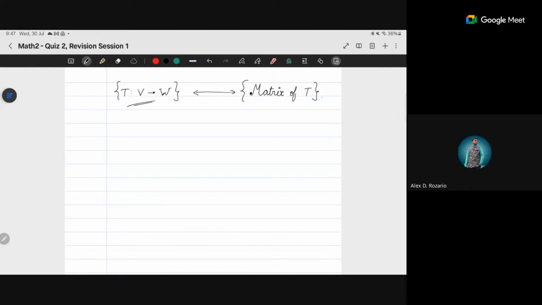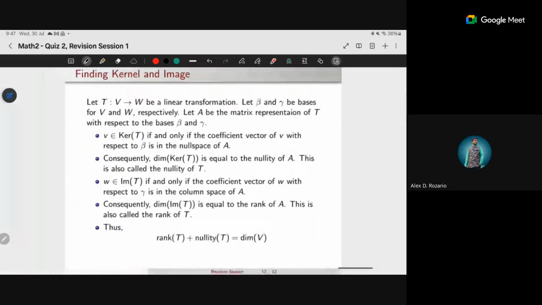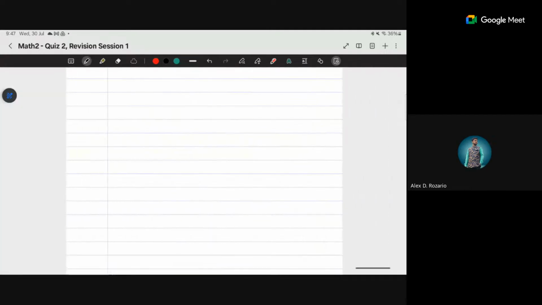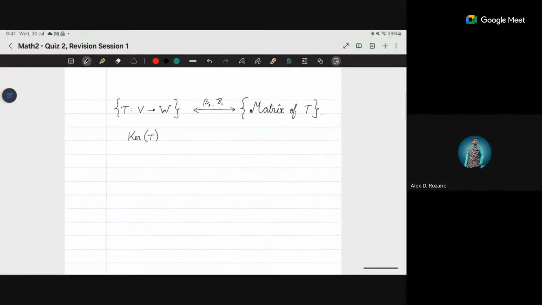Whatever transformation is there is encoded in the matrix of the transformation. And what is that encoding? It is actually given by the basis that you choose to get the matrix of the transformation. Now if I want to find kernel T, look at the first point: it says that V belongs to kernel T if and only if the coefficient vector of V with respect to beta is in the null space. So coming back to this, I want to see the null space.